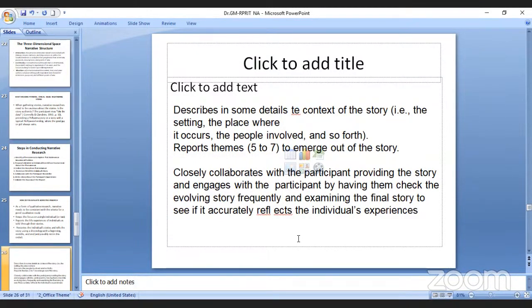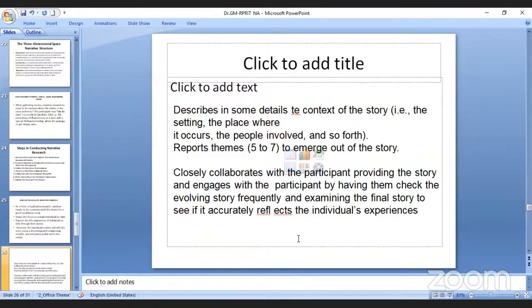Sometimes the people involved in the story also matter. Then report the themes, say 5 to 7 themes that emerge out of the story.